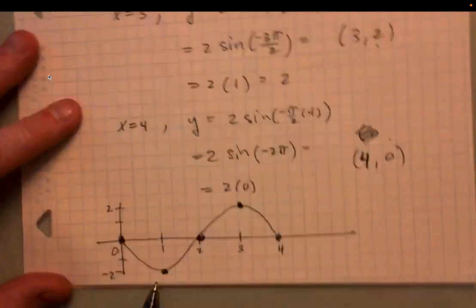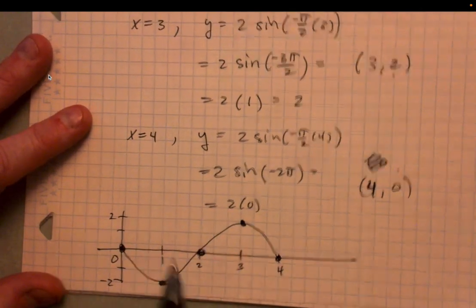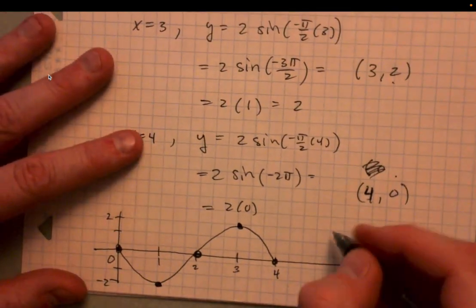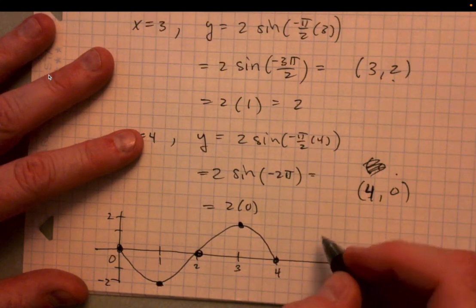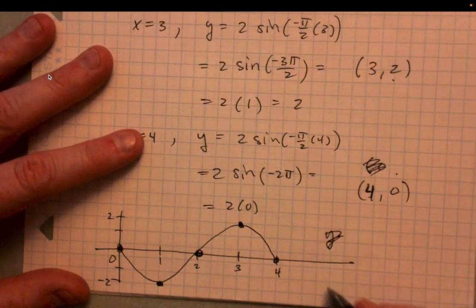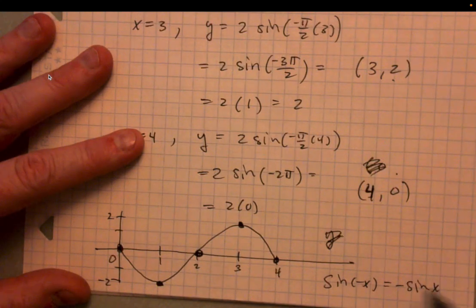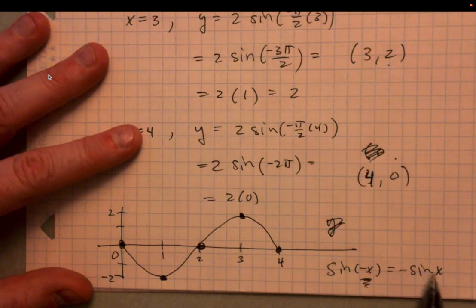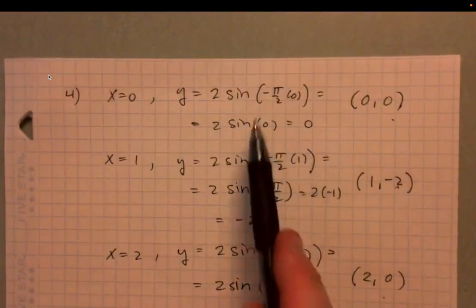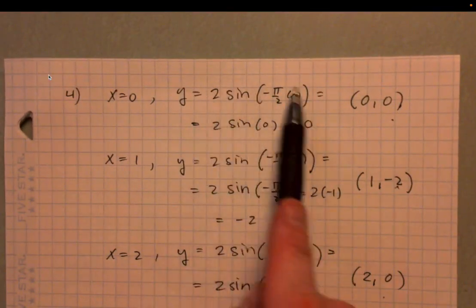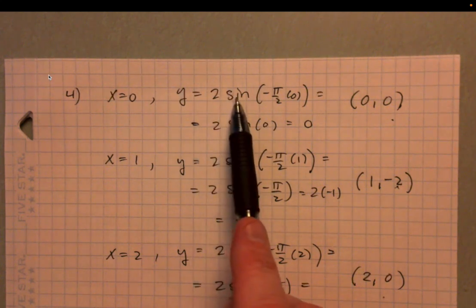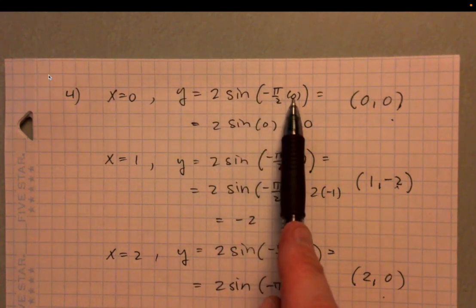Now notice that this one does go down before it goes up. That's the result of the sine being an odd function. So sine of negative x equals negative sine of x, right? So this fact that the negative argument makes the whole function negative, right? You can see that in the way our function is set up here. 2 times the sine of negative pi over 2 times x.